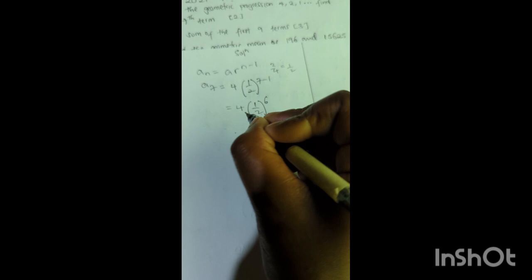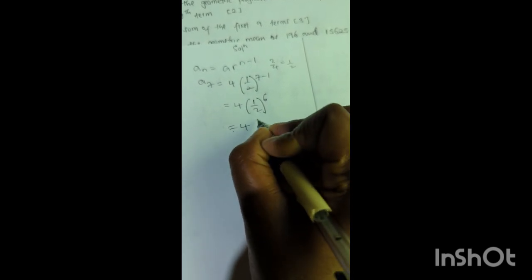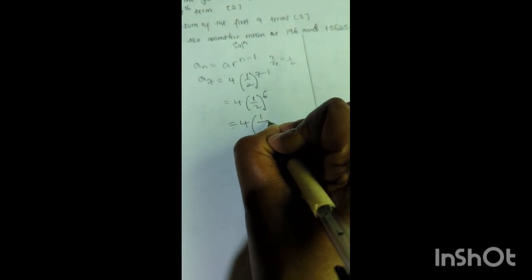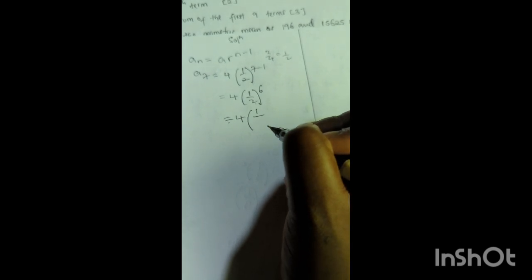Now this 6 applies to 1 and 2. So this is 4 times 1 to the power 6, which is 1, over 2 to the power 6, which should be 64. But this is paper 2, so you can just punch it on your calculator. 2 to the power 6 gives us 64.